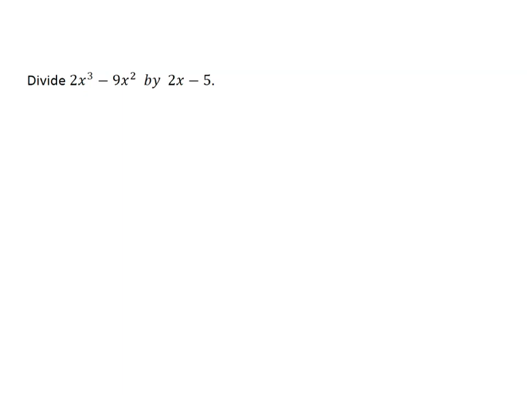Divide 2x cubed minus 9x squared by 2x minus 5. This looks almost like the last problem we just did, only we have a lot fewer terms in this initial polynomial. So we're going to put our 2x minus 5 on the outside again, and on the inside we'll have 2x cubed minus 9x squared.